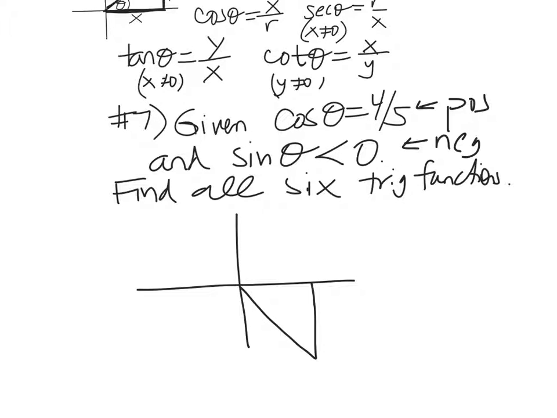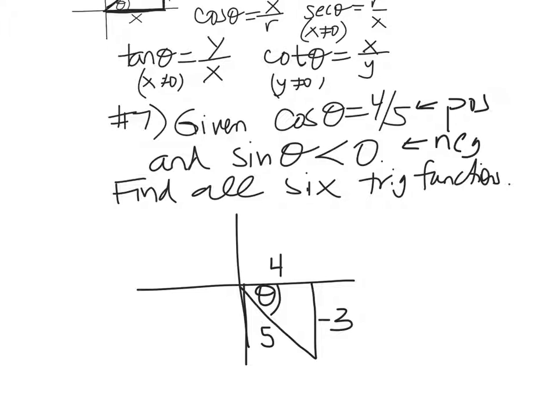I don't know what angle that is, but I'm just going to label it theta. They give me cosine, and I know cosine is adjacent over hypotenuse. So this is 4, 5, and this is the old 3, 4, 5 triangle. And this would be -3. Don't forget it's negative.